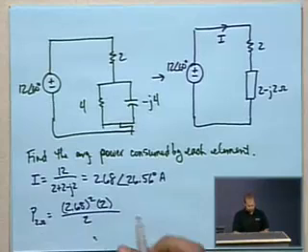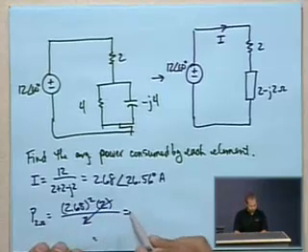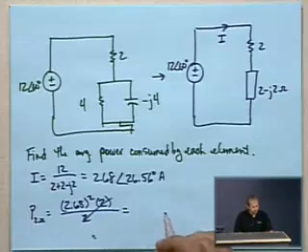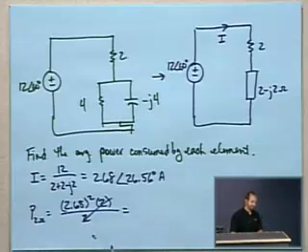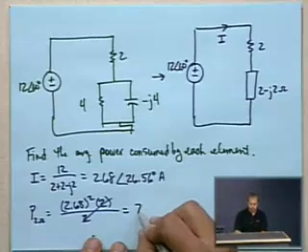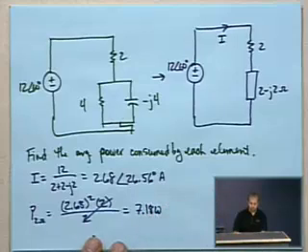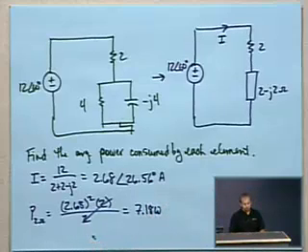The 2s cancel out, and 2.68 squared is 7.18. So that one's not too bad.